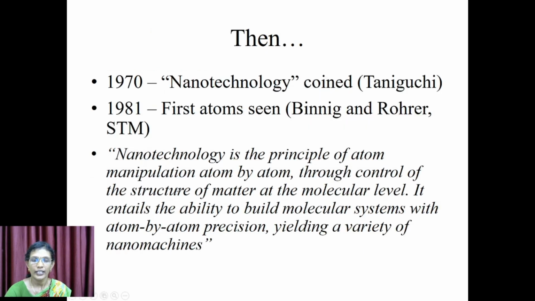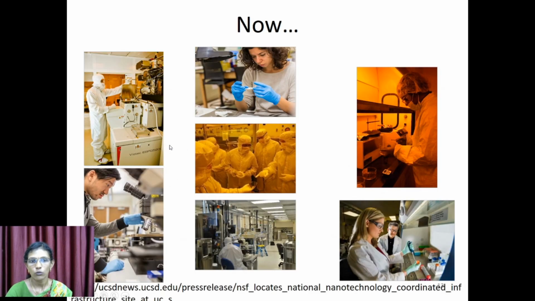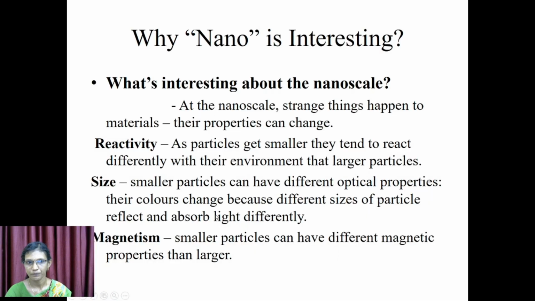Then in 1974, the term nanotechnology was coined by Taniguchi, and in 1981 the first atom was seen by Binnig and Rohrer, for which they received the Nobel Prize in 1986. Now nanotechnology occupies all the fields of our world.